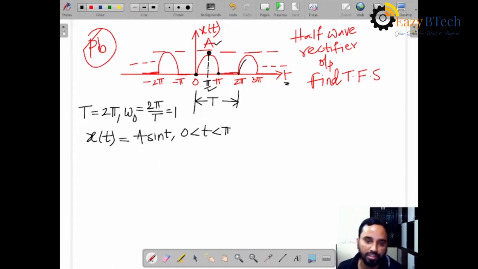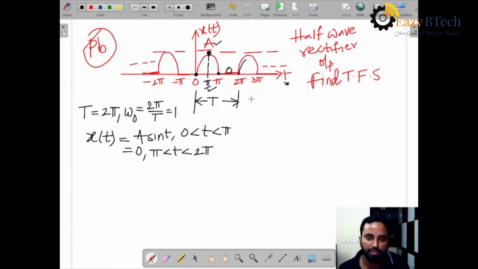In Fourier series, trigonometric or exponential Fourier series, we have to define x of t over one time period. So 0 to pi is completed. What about pi to 2 pi? X of t is 0. This is the clarity about x of t. After x of t, we take the Fourier series definition.